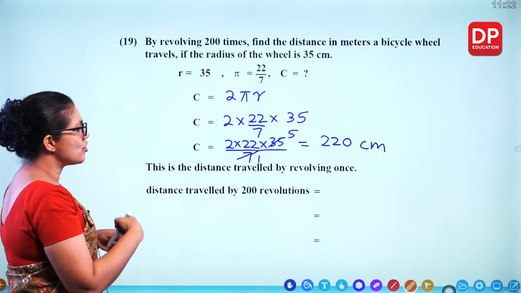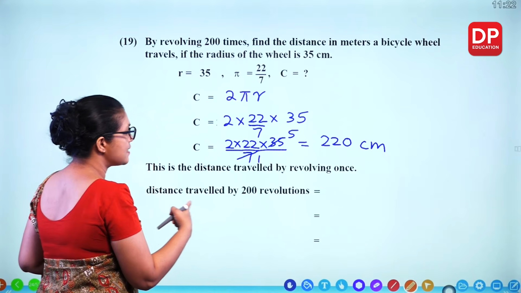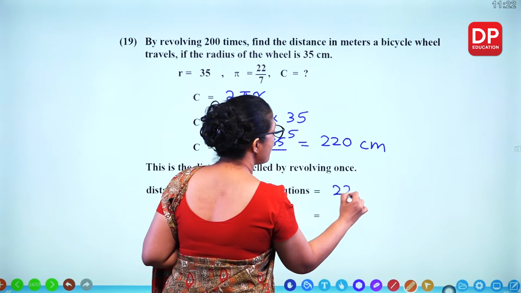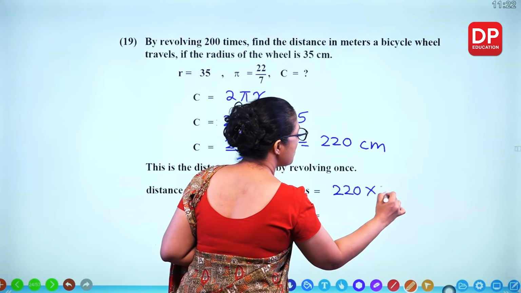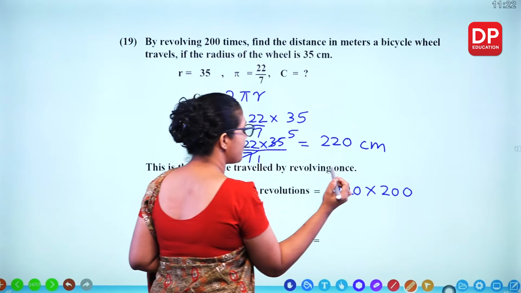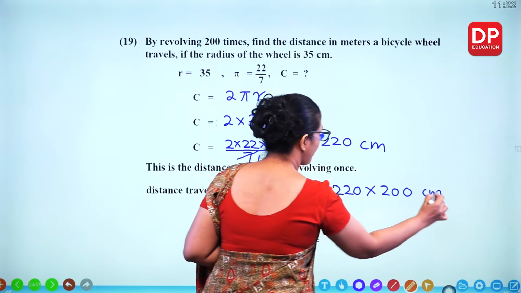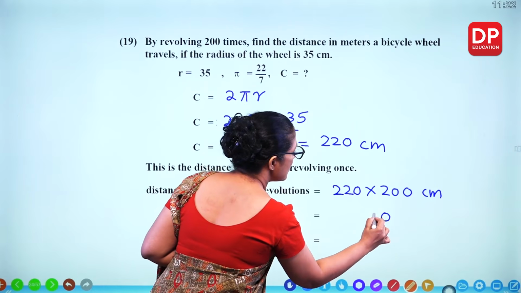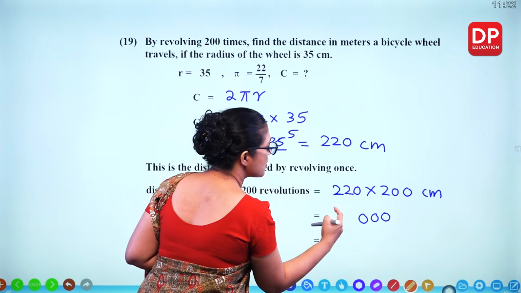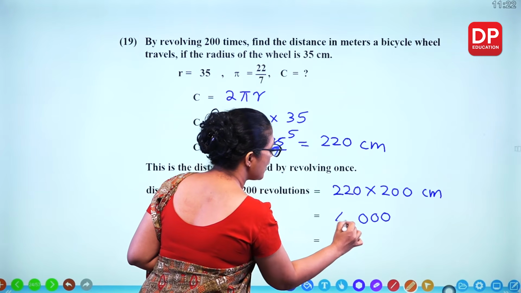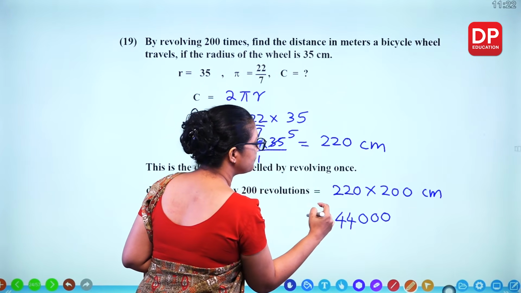200 revolutions are there. So what's the distance travelled? 220 multiplied by 200. So that means 2 zeros and 3 zeros. Multiply by 2, you get 44.